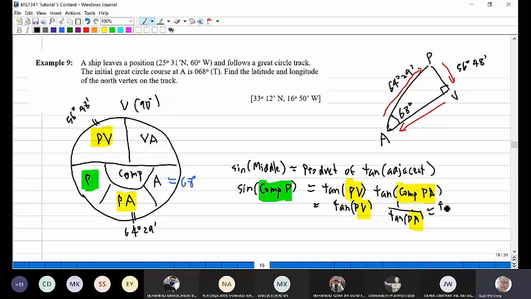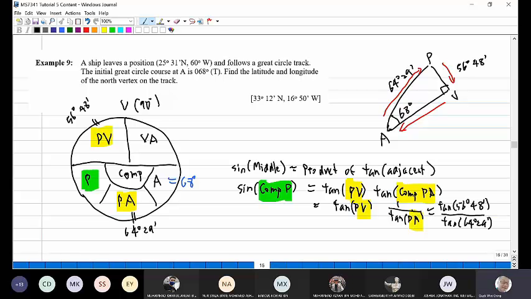So tangent of PB is 56 degrees, 48 minutes. And then PA is 64 degrees, 29 minutes, after I calculated PA.